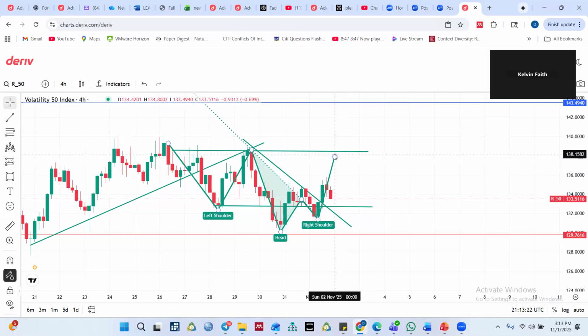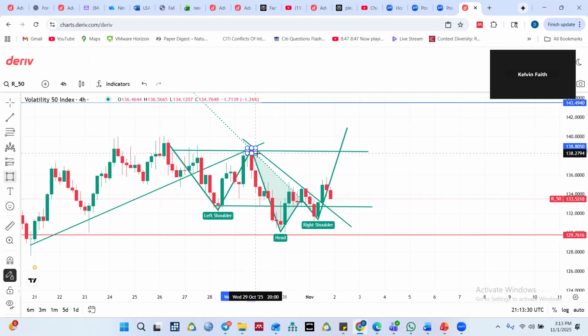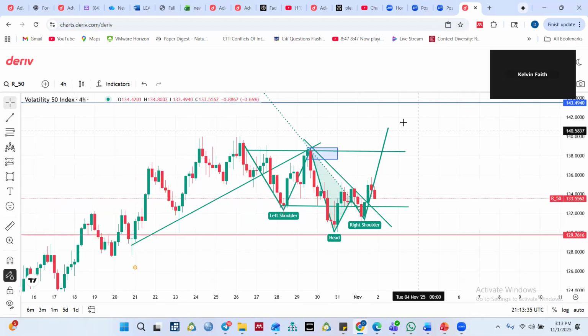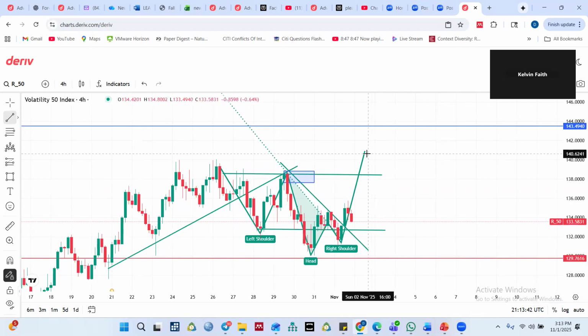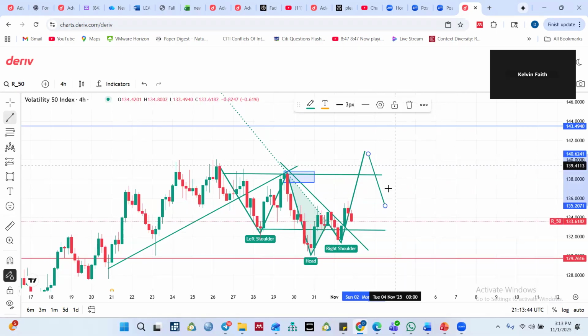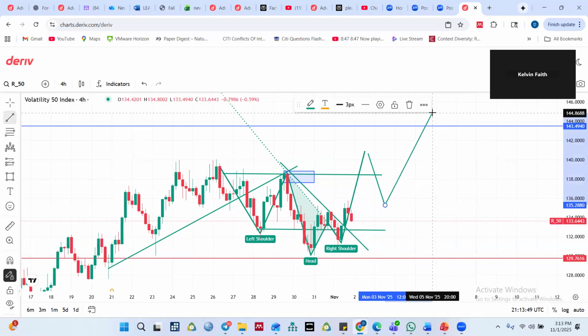If we close above this right shoulder, the bearish right shoulder, which is here, then the bearish head and shoulder has been invalidated, and that is going to be our leverage to expect price to pull down, and then we will buy price up to our intended high for this bullish move, if we are looking for a bullish market.